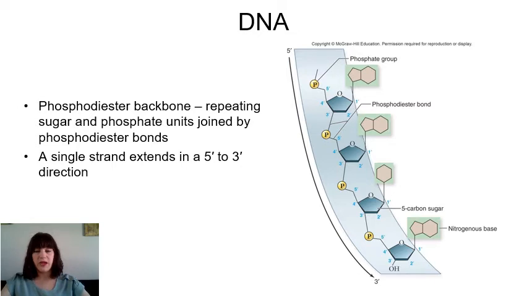And so this backbone is sometimes called a phosphodiester or a sugar phosphate backbone. And we're just looking at one strand here, and I'd like you to take a note to identify the 5' end and the 3' end, and which end is which.